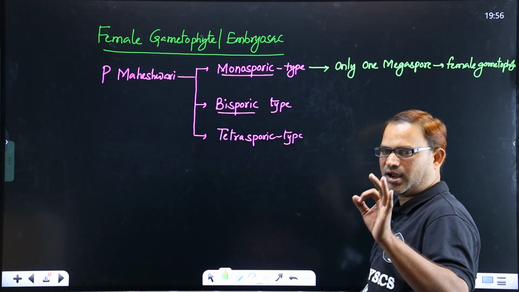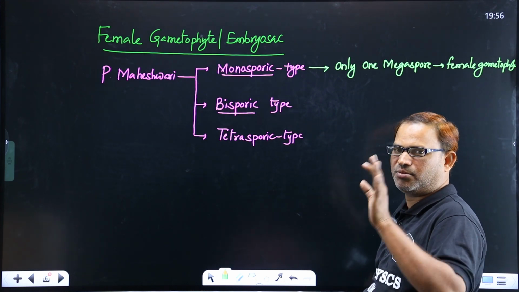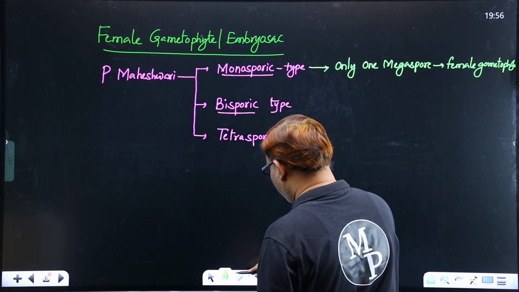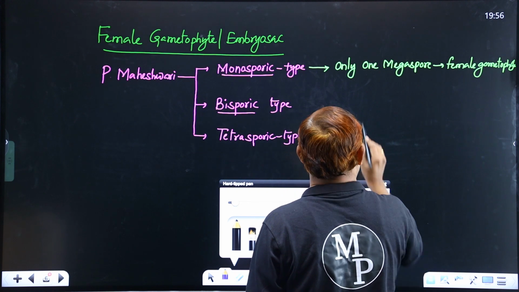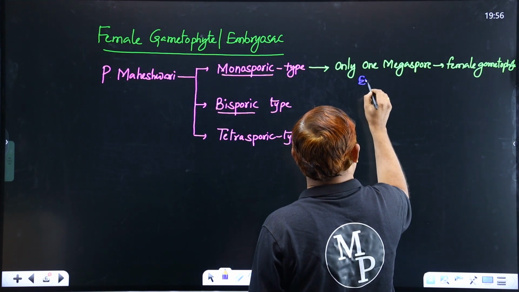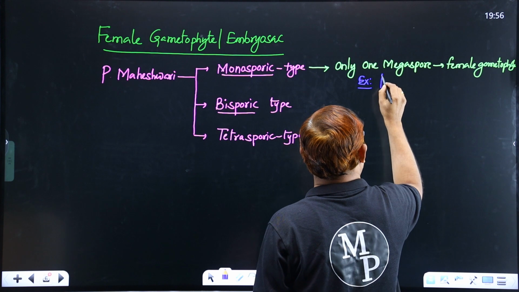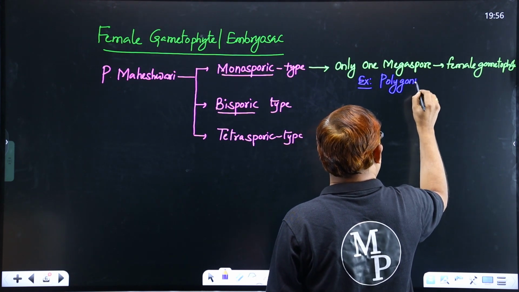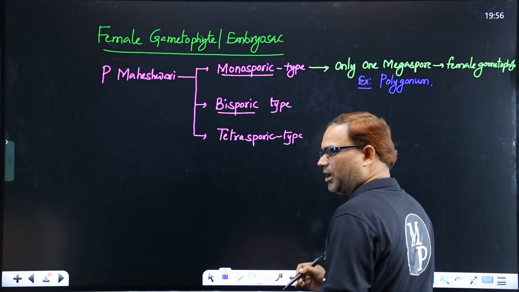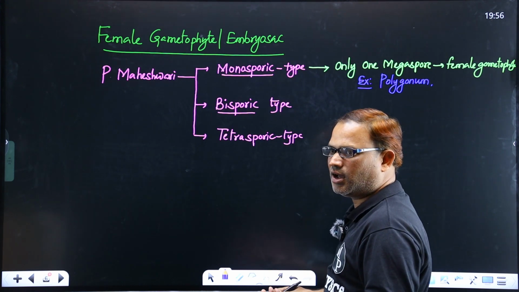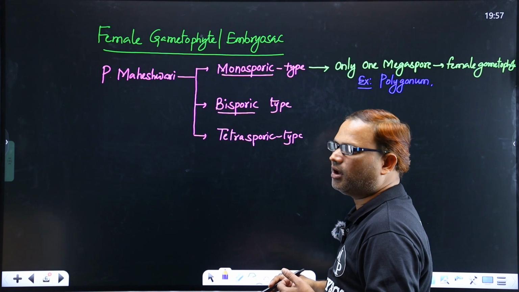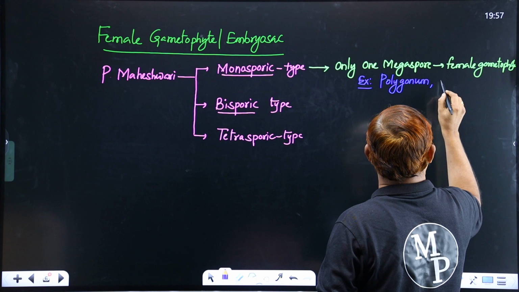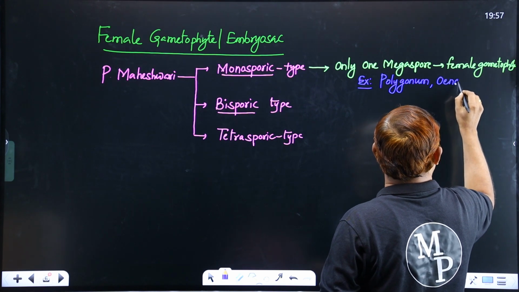How many megaspores are involved in the formation of the embryo sac in that condition? Only one. The best example of monosporic development is the most common type, the polygonum type, the polygonum embryo sac, because Strasburger discovered this type of embryo sac. Polygonum type, and one more is Oenothera.